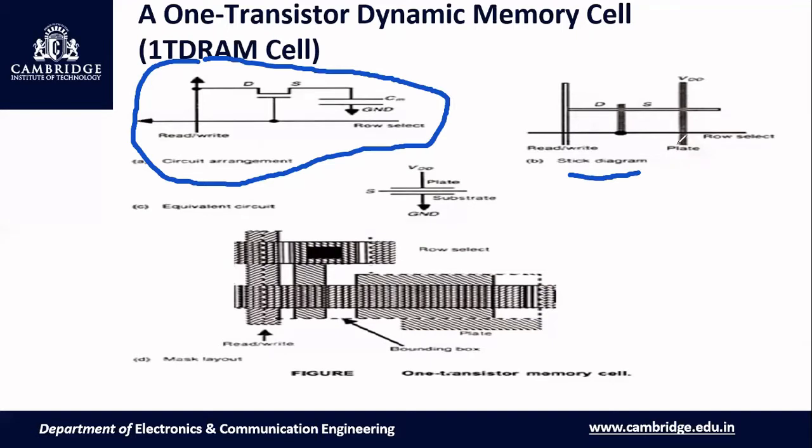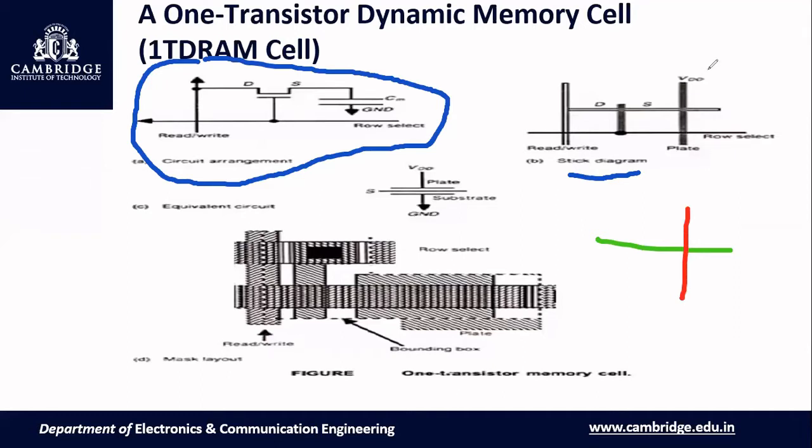Fine. So now we'll see how to draw the stick diagram. It's very easy to draw. You have an idea how the NMOS transistor is fabricated. By crossing diffusion and poly we get a transistor. That's it.